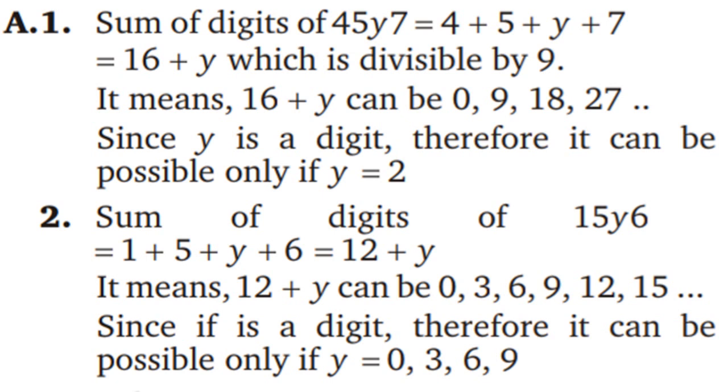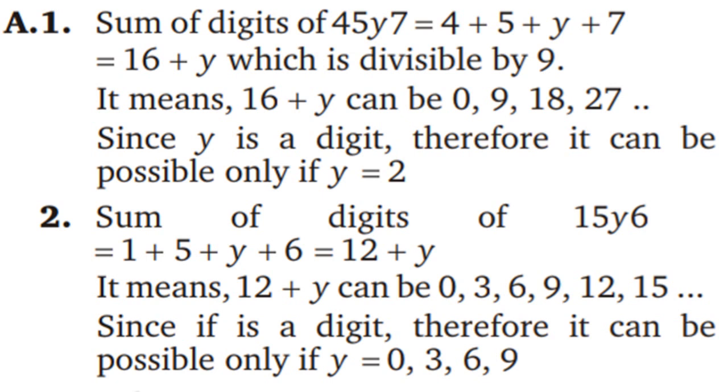Now second question, see in your book. If 15y6 is exactly divisible by 3, then the least value of y is. So जैसे हमने फर्स्ट क्वेश्चन अटेम्प्ट किया है, ऐसे ही हम सेकंड करेंगे बेटा. इसमें हमें ये जो नंबर है डिविजिबल बाय 3 होना चाहिए. सो sum of digits of 15y6 equals 1 plus 5 plus y plus 6 equals 12 plus y.